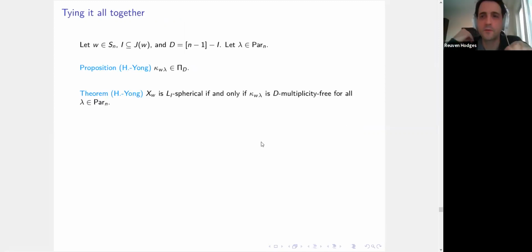Yeah, so for example, this theorem gives you a pretty good way of testing this in type A at the very least, because we can actually compute these decompositions, and so we can check when this key polynomial is D-multiplicity free. Obviously not for all lambda, but we can check it for many lambda.